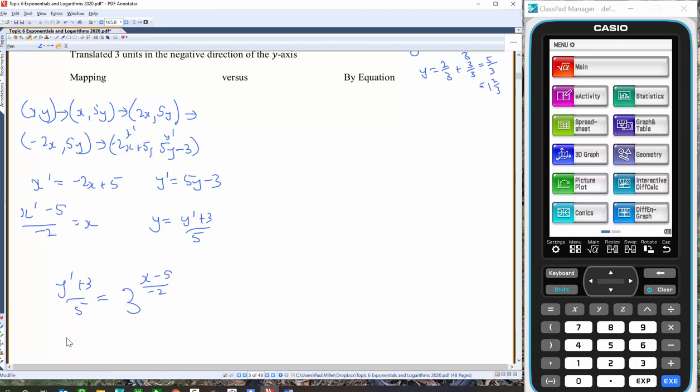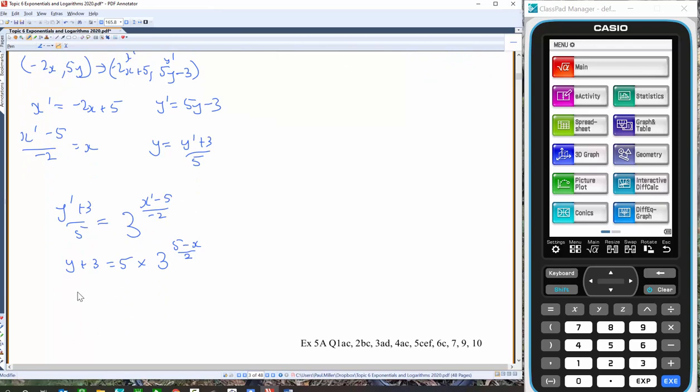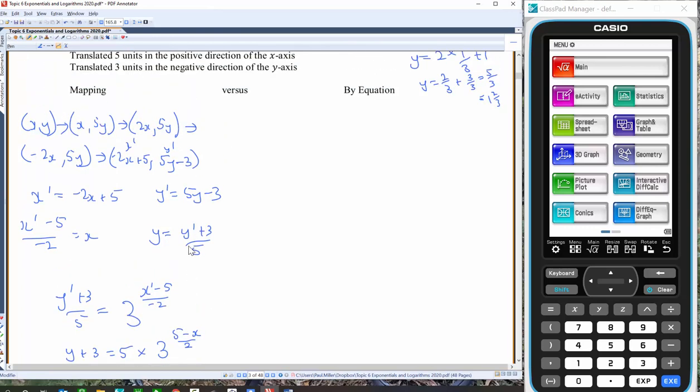I'm going to drop the dashes in the next part of this. So y plus 3 equals 5 times 3 to the (5 take x) all on 2. Y equals 5 times 3 to the (5 take x) on 2, take 3. All right, so there it is by mapping.